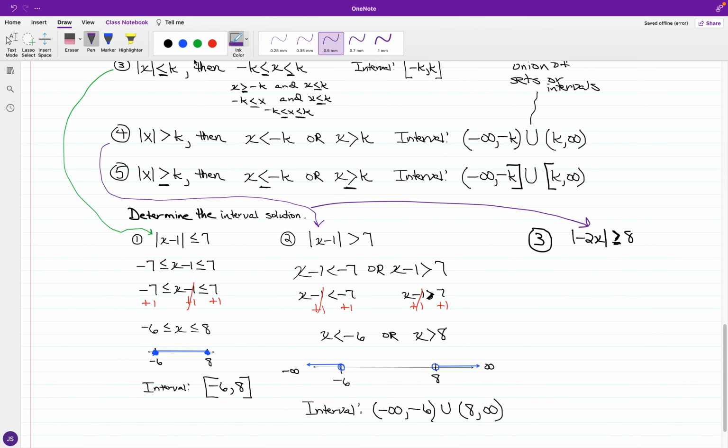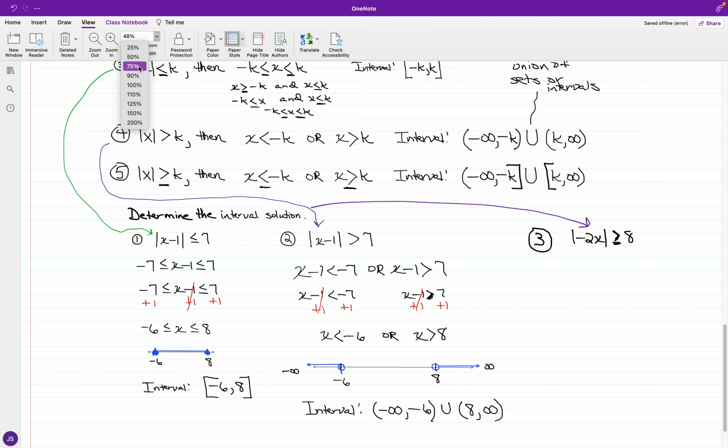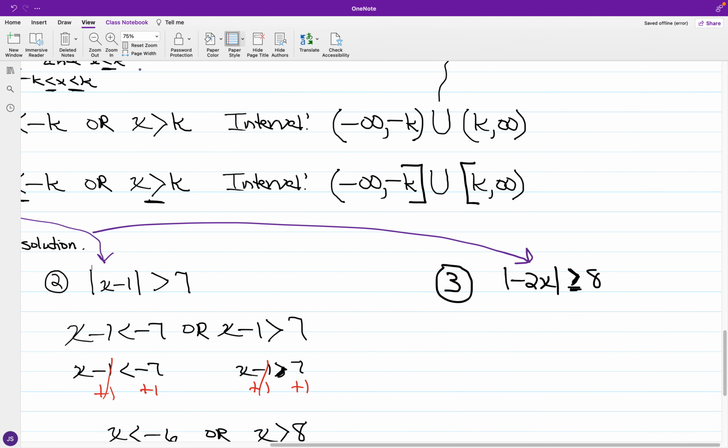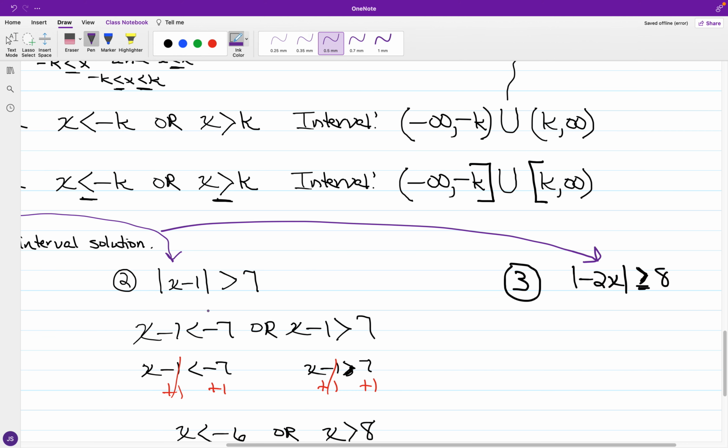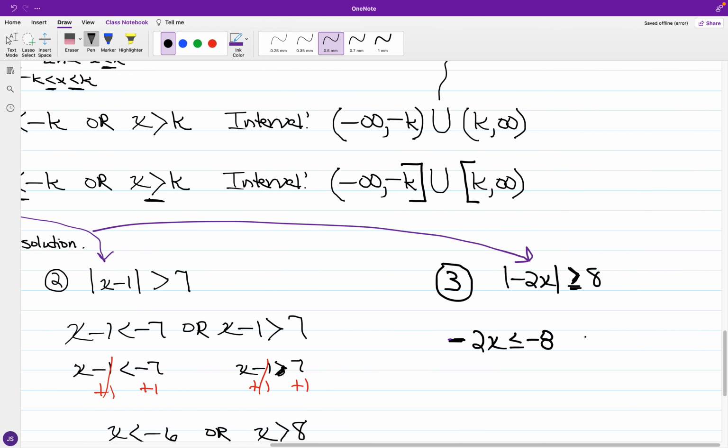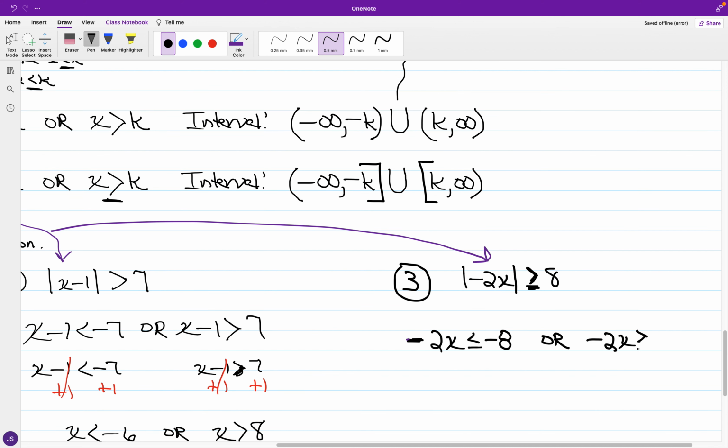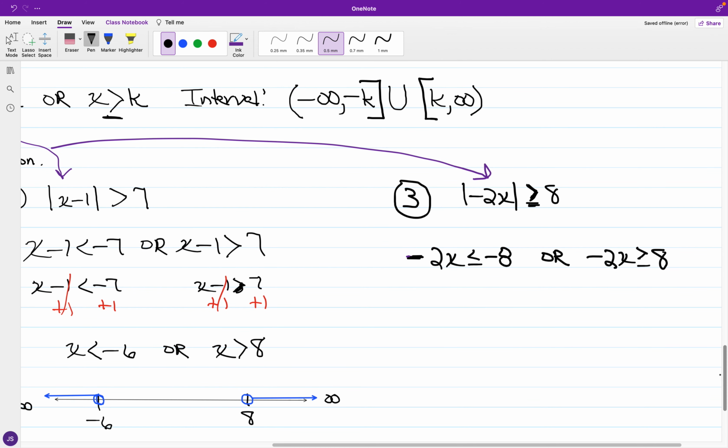Now, removing the absolute value notation, you're going to have, as representative of x, negative 2x, and again we have the cases set up. So we're going to have negative 2x is less than or equal to negative 8. At the other extreme, we're going to have negative 2x is greater than or equal to 8.